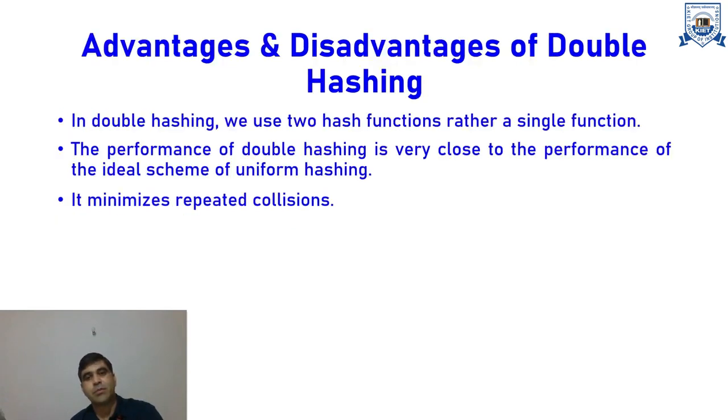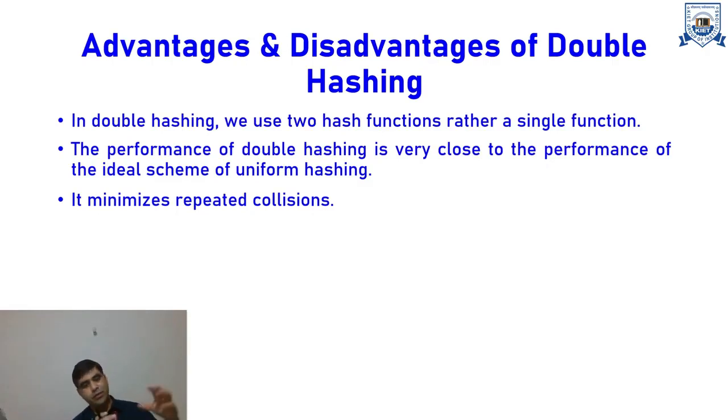Then we have certain advantages and disadvantages of double hashing. In double hashing, two hash functions are used rather than a single hash function. The performance of double hashing is very close to the ideal scheme of uniform hashing. Uniform hashing means that your key values are mapped uniformly onto the table, as compared to primary clustering or secondary clustering.